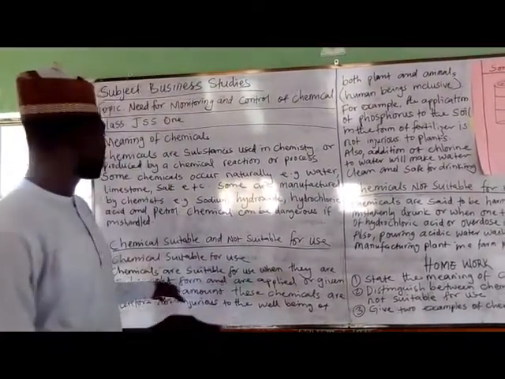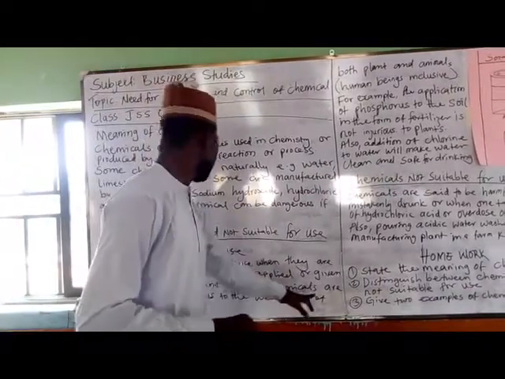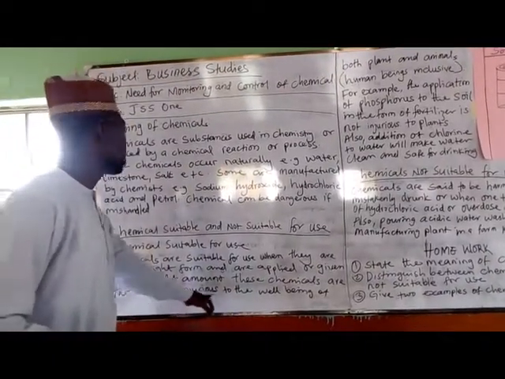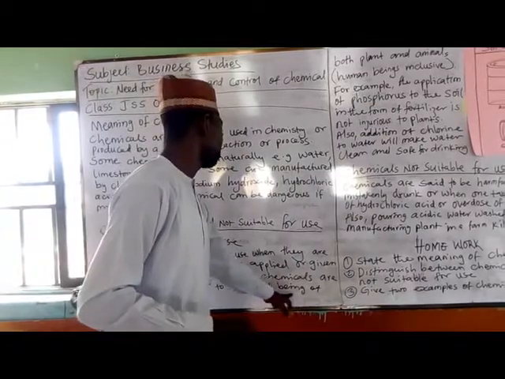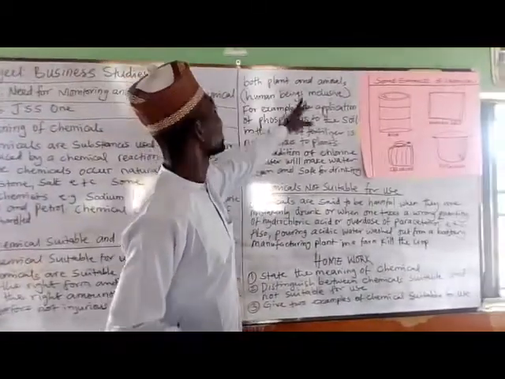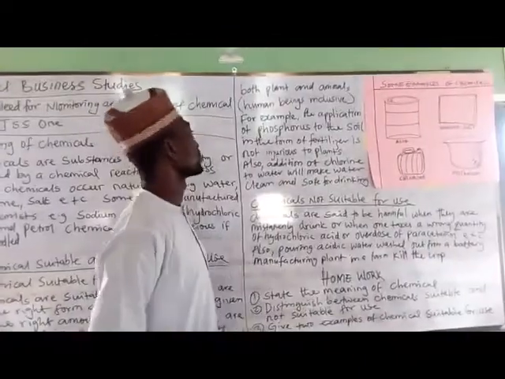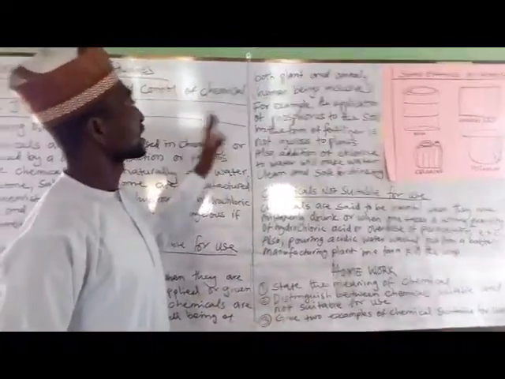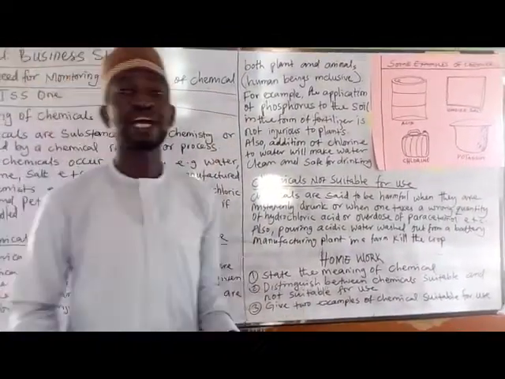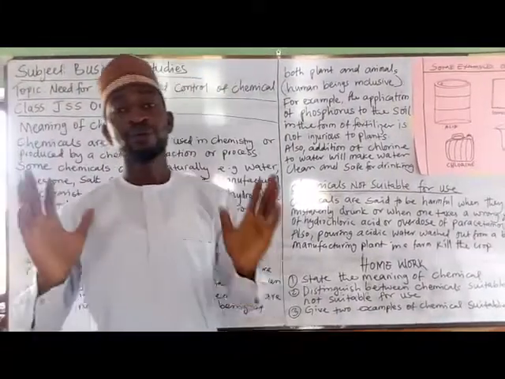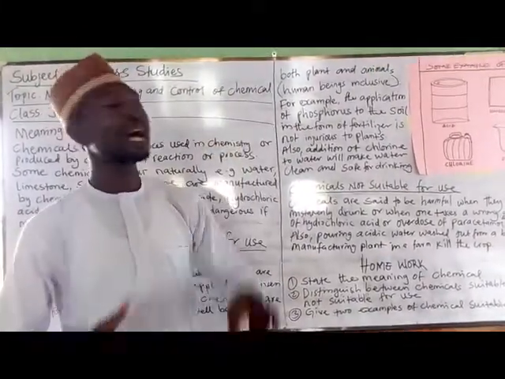And also, these chemicals are therefore not injurious to the well-being of both plants and human beings. The chemicals that are suitable for use are not injurious to plants, animals, and human beings.